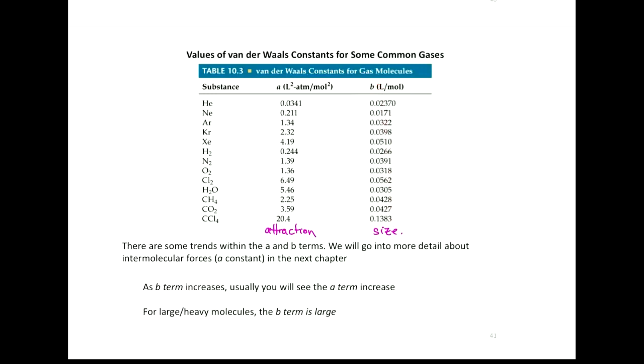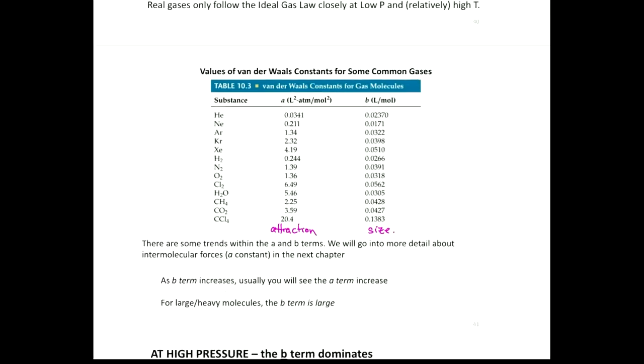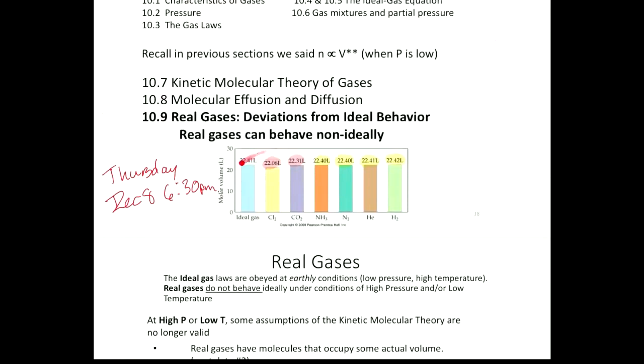Typically, as B increases, the size of your molecule increases, and the A term also increases. That's a typical trend that you'll see. This reinforces the idea, if we go back to this graph, that the heaviest gases deviate the most, so we have to actually use the van der Waals equation to calculate the pressures and volumes of these two substances because they're so large.